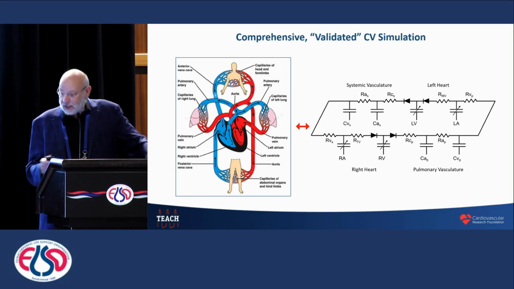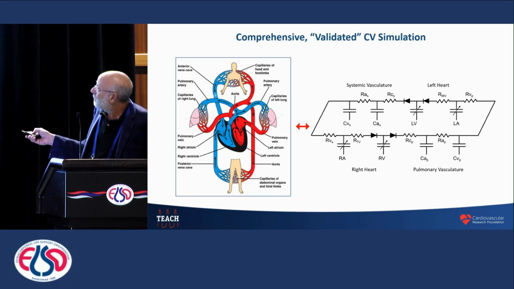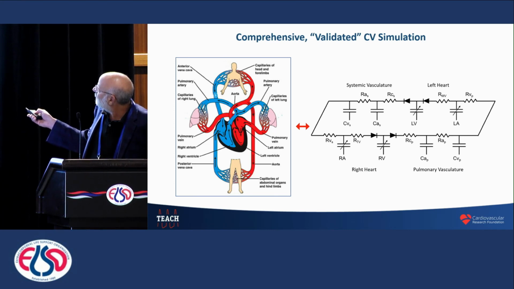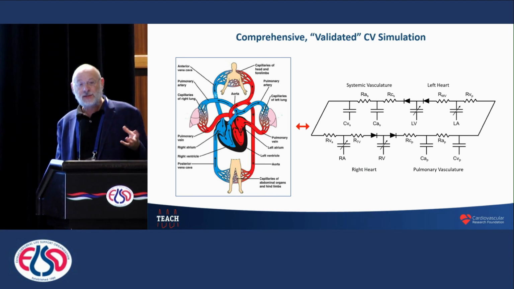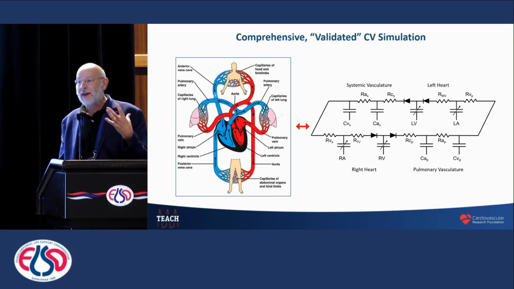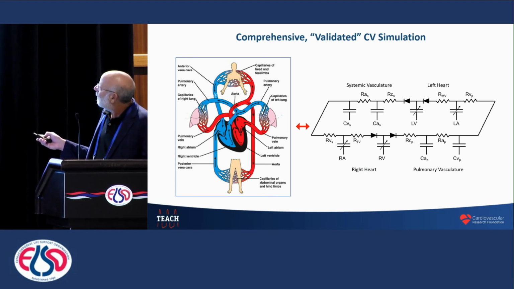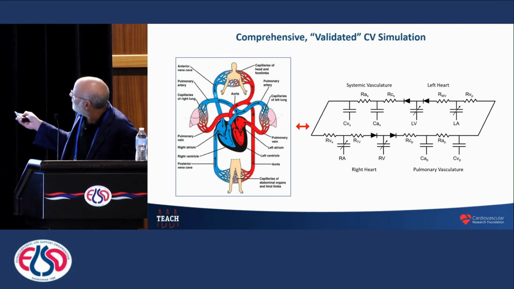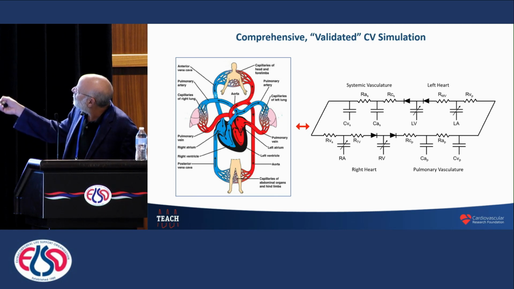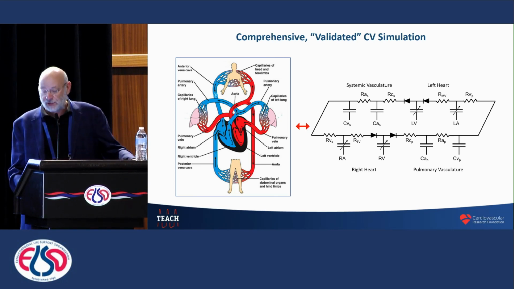You can see the right atrium, right ventricle, left atrium, left ventricle. These are referred to as time-varying elastances, where energy is used to change the capacitance or the compliance throughout the cardiac cycle. The pulmonary vasculature is a series of resistors and compliances, and so too is the systemic vascular system.